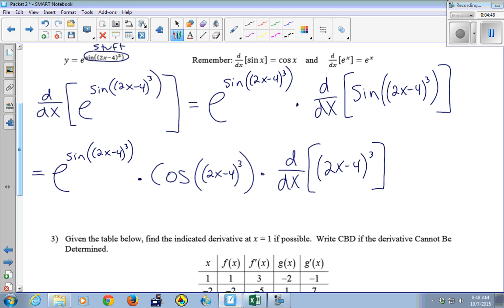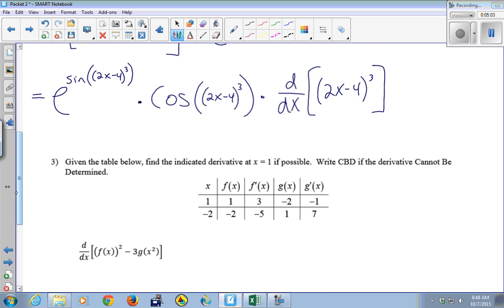So I'm not done with the chain rule. In order to take the derivative of the stuff, I have to use the chain rule again. Actually, rather than squish this, I think I'm just going to put it on a new page.